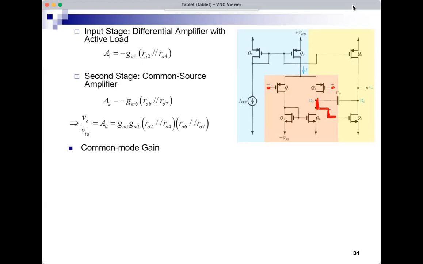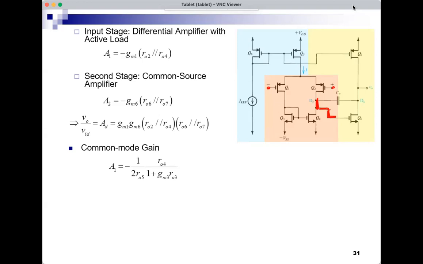What about common mode gain? For the differential amplifier with active load, we have a formula. Minus 1 over 2 RO5, RO4 divided by 1 plus GM3 RO3. That's the common mode gain. When the two inputs are equal, this is the signal that we see at the stairs between the two stages. Common source, when it sees this signal, it will amplify it. The common source doesn't understand differential or common mode or whatever.